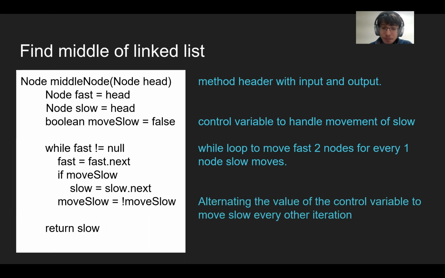Okay. And then we alternate the value of the control variable to move slow every other iteration. Notice here we have our control variable.